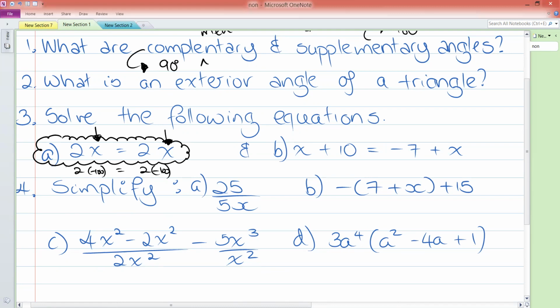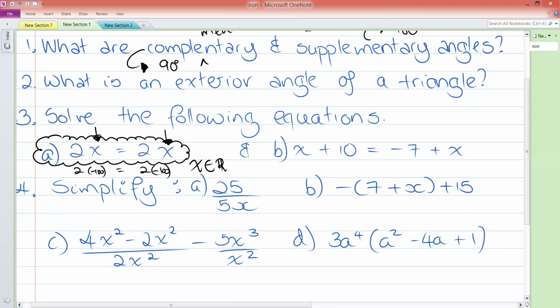What I'm noticing is that if I substitute in any x value, it's going to work. So for this first equation, the solution is basically x is an element of the real numbers. X can be any real number. That's what this means. You don't have to worry too much about that. I was just giving you an example where you can have infinitely many x values being a solution.